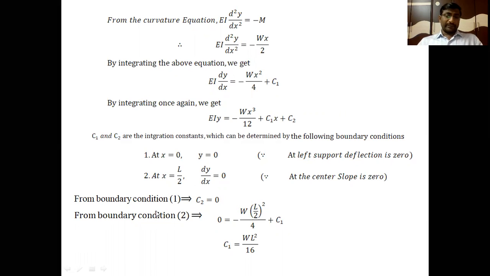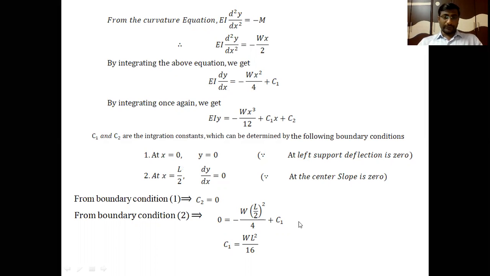Then from the second boundary condition, what is the second boundary condition? At x is equal to L by 2, dy by dx is equal to 0. So upon substitution of the second boundary condition in the slope equation, because dy by dx is 0, the left hand side becomes 0. That is equal to minus w by 4, which is a constant. In place of x we should substitute L by 2.